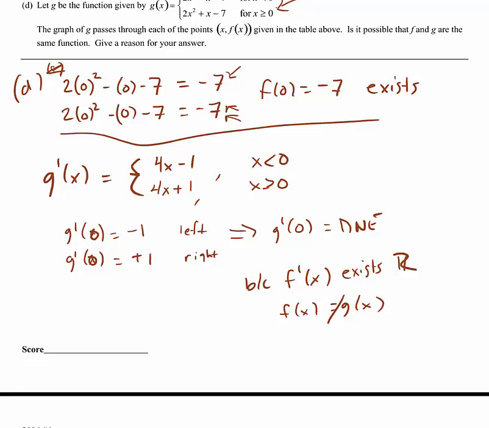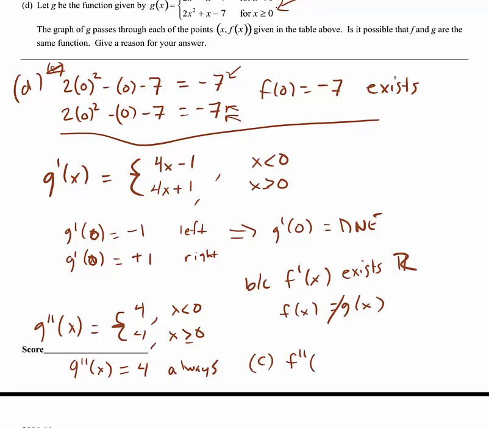Another explanation that I saw in the answer key was you could have done something like the second derivative, which is 4 on the left side and 4 on the right side, which means that g double prime of x is equal to 4 always. However, what we solved for in part C, we showed that f double prime of some value c was equal to 6, so those can't be the same.